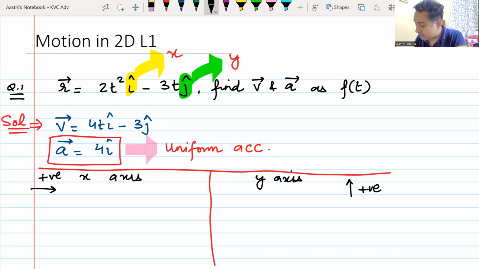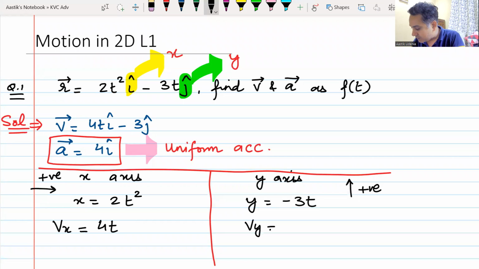Now I could have written the x coordinate of the particle as 2t square and the y coordinate of the particle as minus 3t. If I differentiate this x with respect to time, I will get the x component of velocity, which would be 4t.